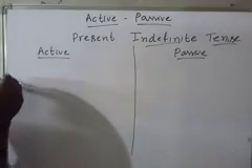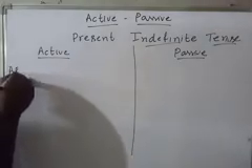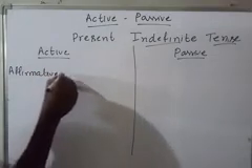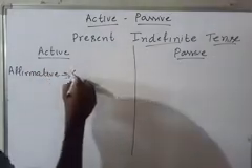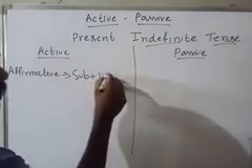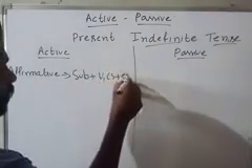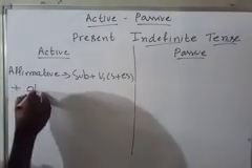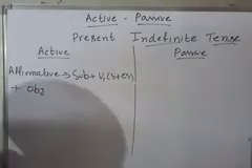First of all, the affirmative. In the affirmative, we have subject, then verb first, s or es, plus we have object.